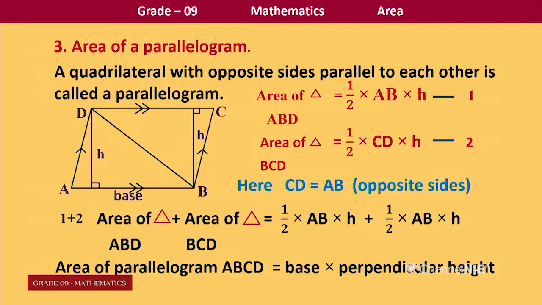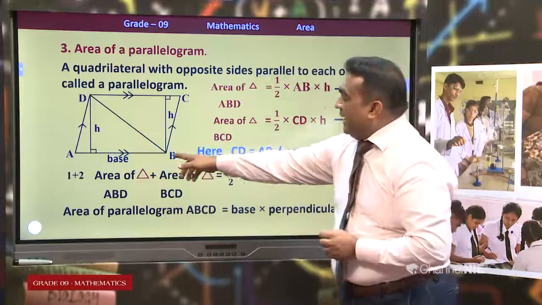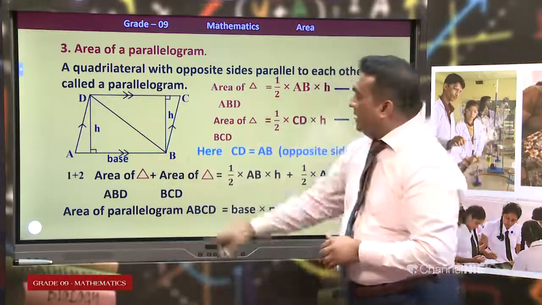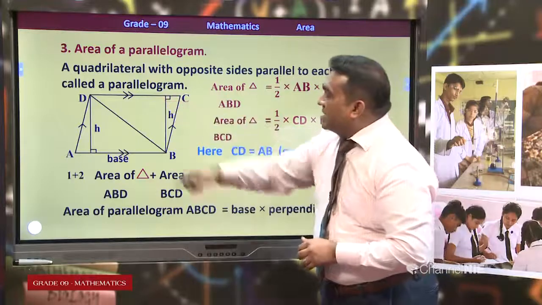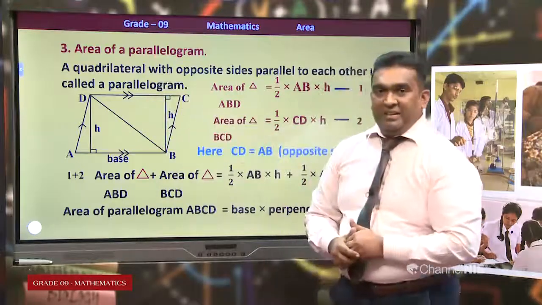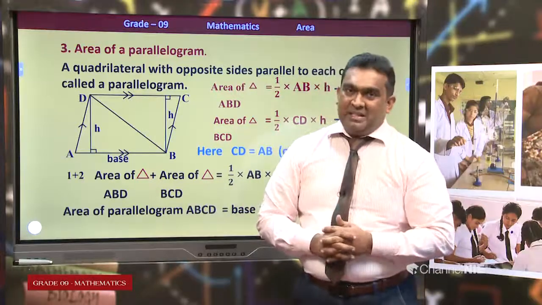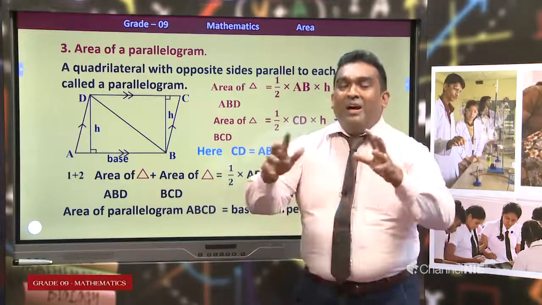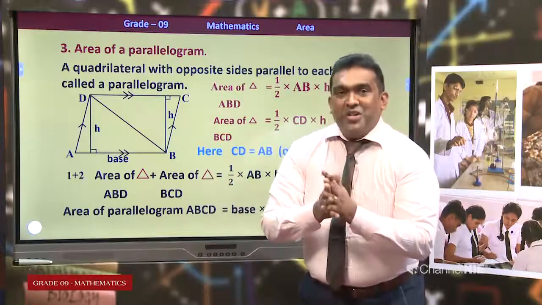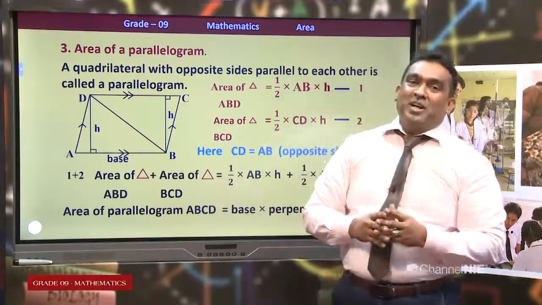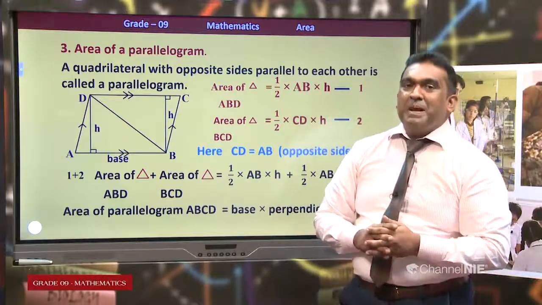A quadrilateral with opposite sides parallel to each other is called a parallelogram. Here you can consider AB as the base, or otherwise BC, or CD, or DA. Any side you can consider as the base. Now we are going to develop a general formula to find the area of a parallelogram.